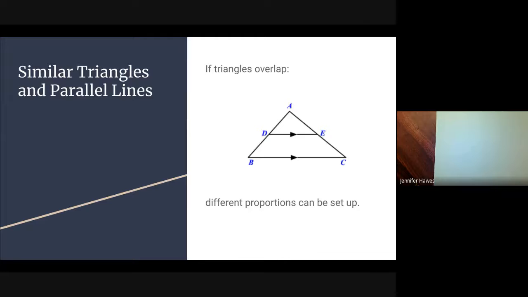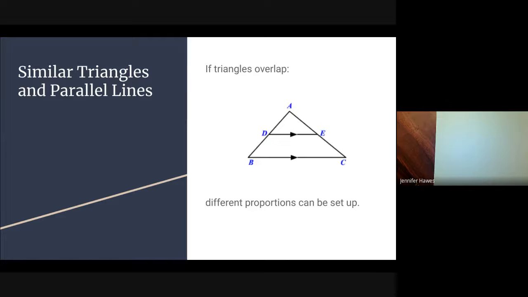What I have here is overlapping triangles. These two triangles are similar if their bases are parallel. If they're not parallel, then no. So I know that ADE is similar to ABC.